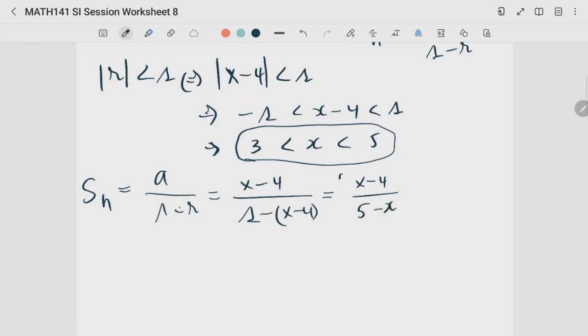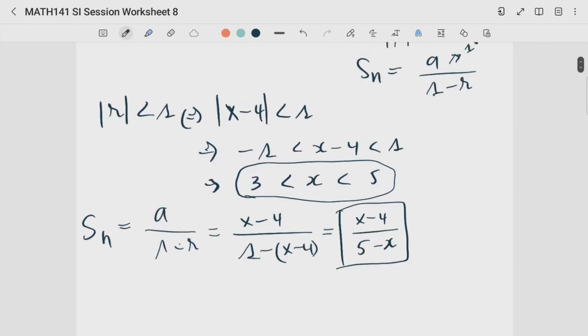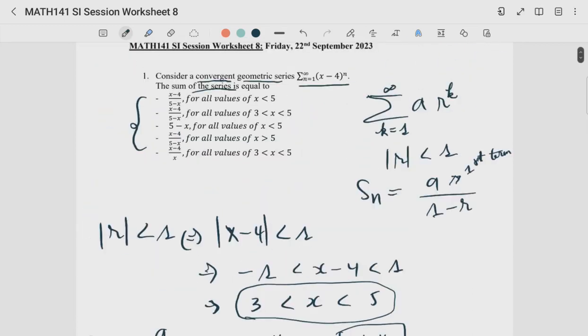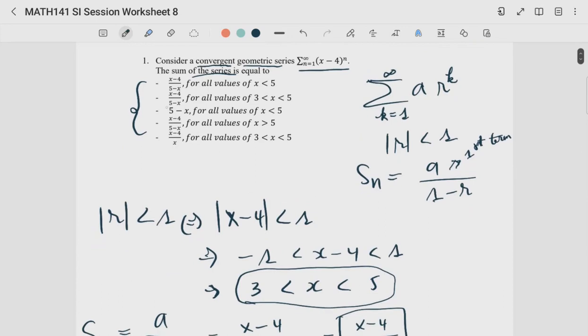So that is our sum: x minus 4 over 5 minus x when x is between 3 and 5. If we look at the options here, it's not 1, it's not 3, it's 2, because all the other options are eliminated as well. So the correct answer here is 2.